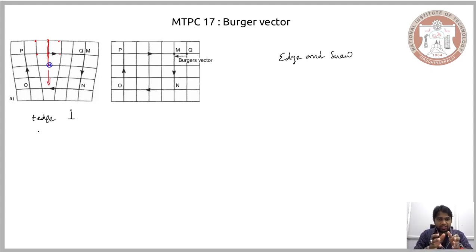A dislocation line is a row of atoms that is now projecting towards us, and an extra layer of atoms is added above it in case of positive edge dislocation and below it in case of negative edge dislocation. The way you would identify this dislocation line is depending on where you stand with respect to it, the distortion in the interatomic spacing would vary. If you stand closer to the dislocation line, the distortion in the interatomic spacing will be larger, and the farther you move away from it, it will decrease.